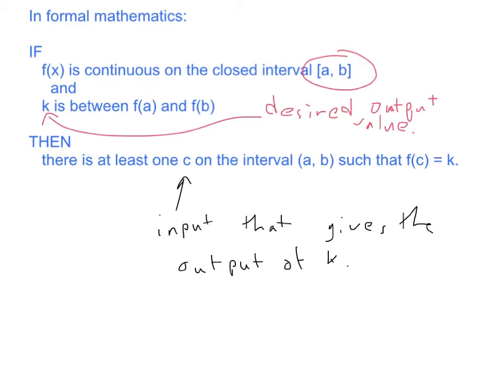So what the problem is saying is if k is in the right range, if k is between your output values, then there must be some input value between a and b that will give you that output value. That's how you will guarantee that the function has that value.